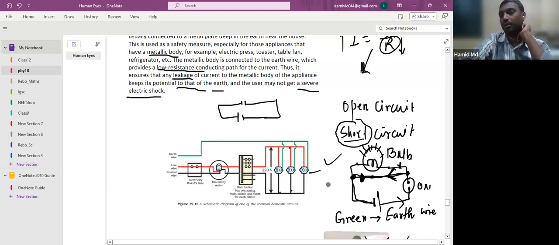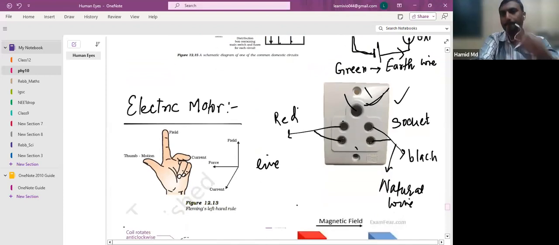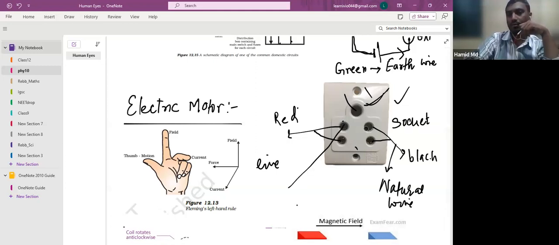We do this sometimes in our daily life. You might have done it. We take two wires from here, and by mistake or by intention, they cross and touch each other.